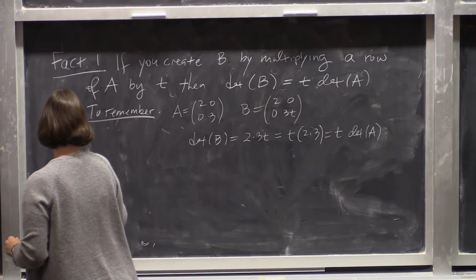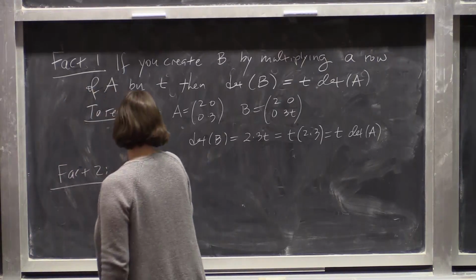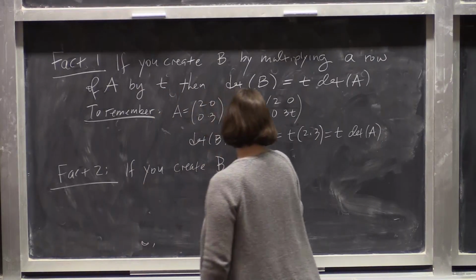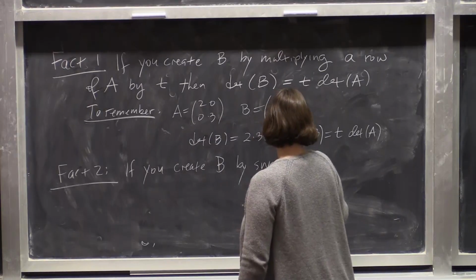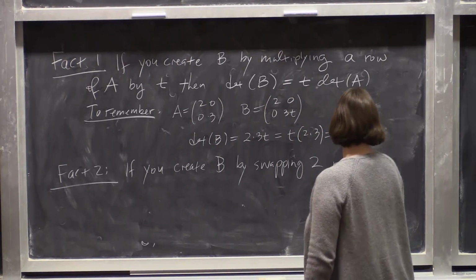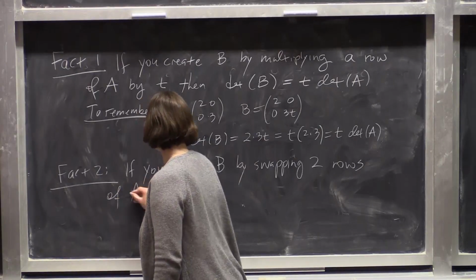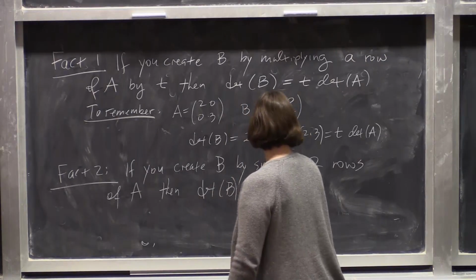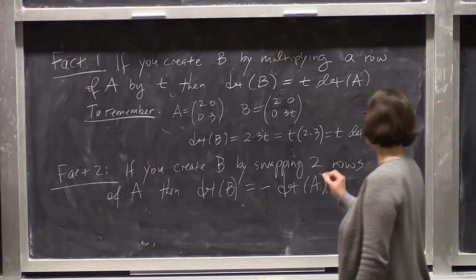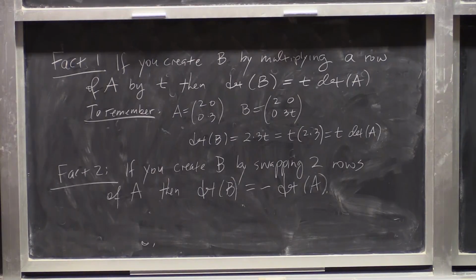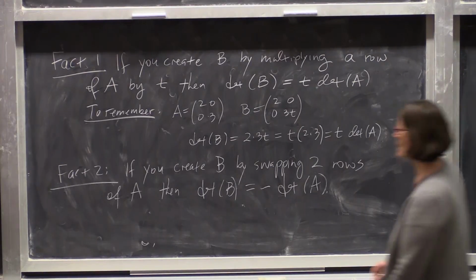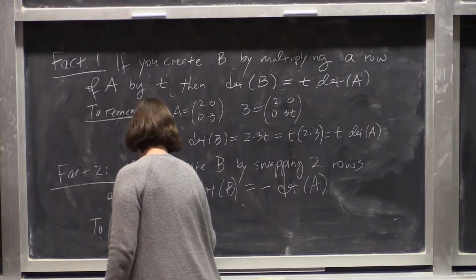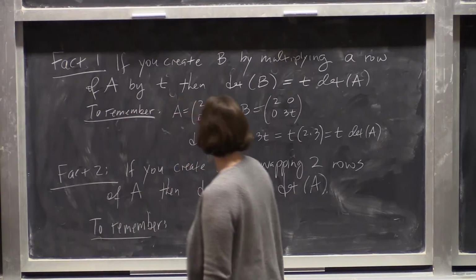Okay, fact 2. If you create B by swapping 2 rows of A, then the determinant of B is equal to minus the determinant of A. To remember, this isn't a proof, it's how you can remember that this should be true.